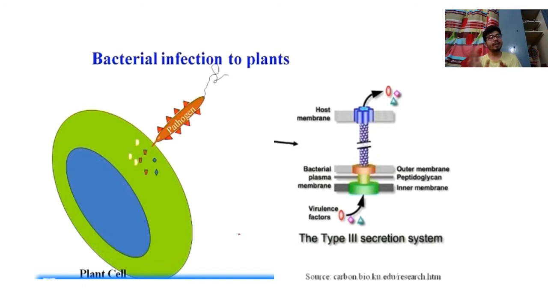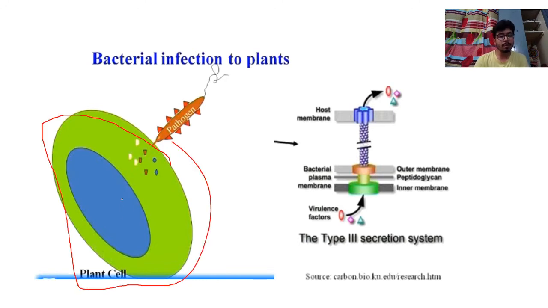So now the bacteria. I have already told you that bacteria cannot cross the barrier called the plasma membrane. So if the plasma membrane is not crossed by this pathogen, how will the pathogen interact with the plant cell? So dear friends, plant cells have many receptors bound to the plasma membrane.